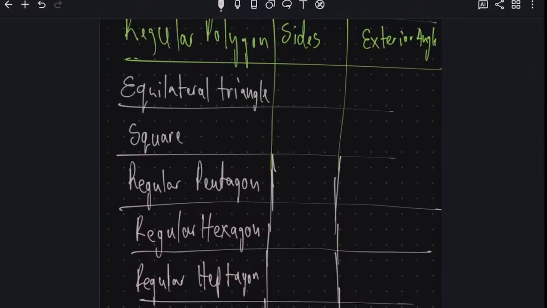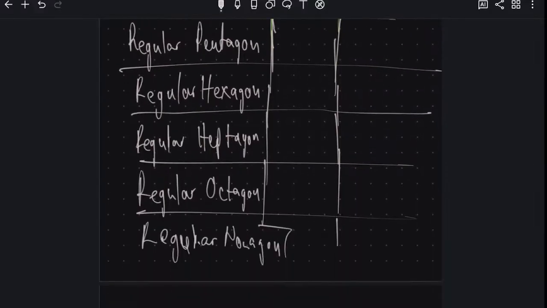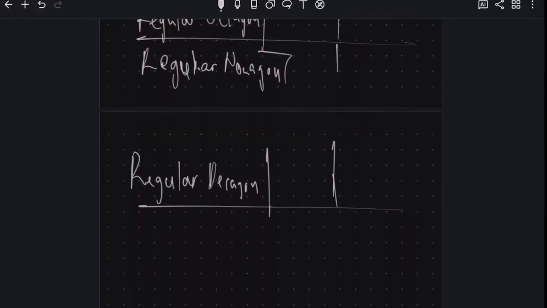So you do number one and three, sum of interior angles. But I want working. Can you zoom out?